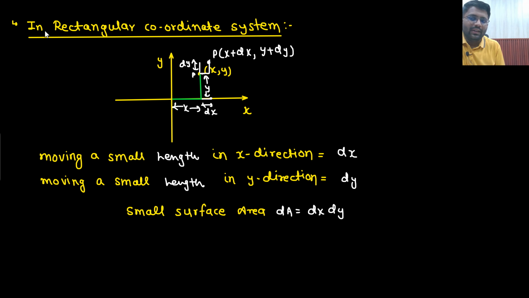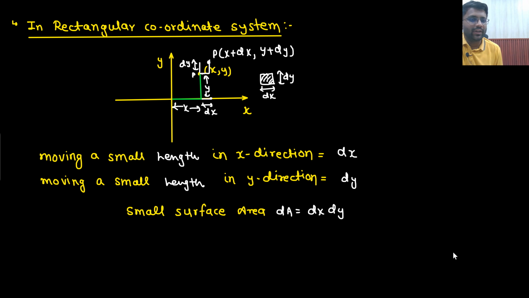So in a rectangular coordinate system, if I want to take a very small area, it would be the distance in the x direction times the distance in the y direction, so dx dot dy. A small distance in the x direction would be dx, a small distance in the y direction would be dy, and a small surface area would be dx dot dy.